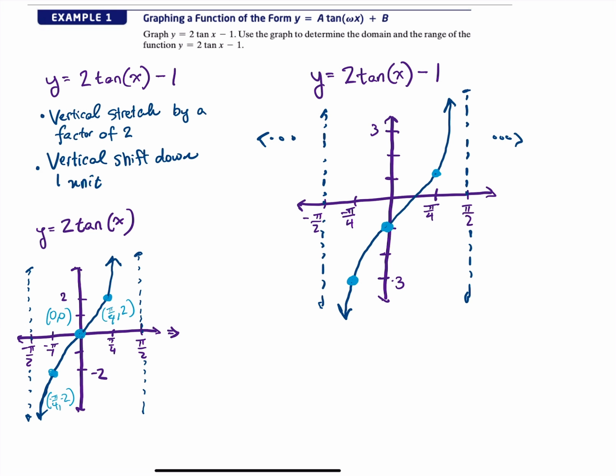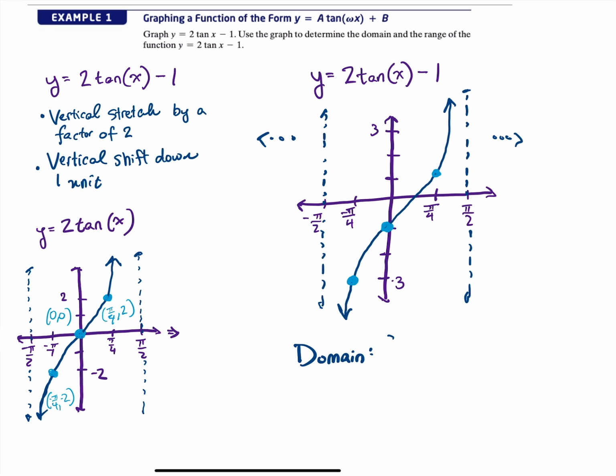Let's list the domain and range, because it wanted us to determine that. So the domain, let's see, has the domain changed at all? Have we shifted anything? Our asymptotes are still in the same positions. So odd multiples of pi over 2. Yeah, because this will be undefined wherever the cosine of x equals 0.